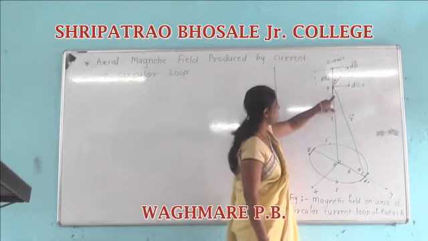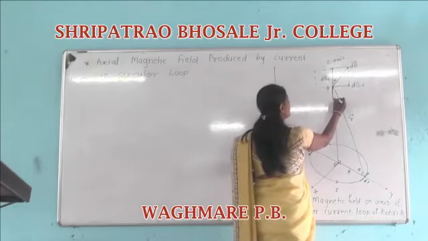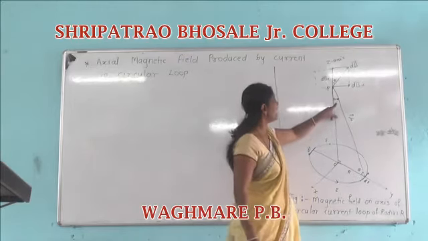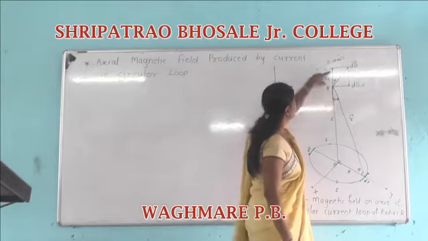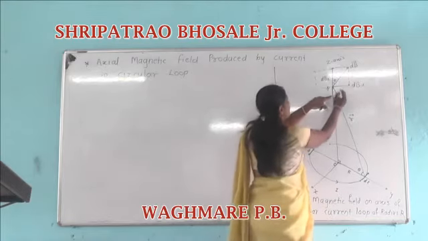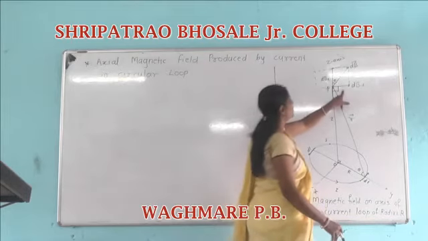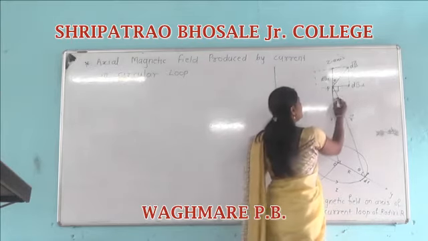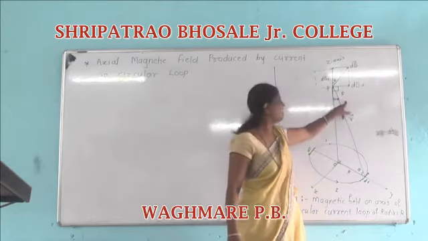Therefore, this angle becomes 90 minus theta. Then dB perpendicular is perpendicular to the z axis, so this angle becomes 90 degrees. Therefore, this angle is 90 minus theta, and this will be theta.